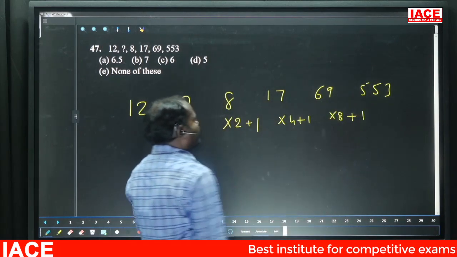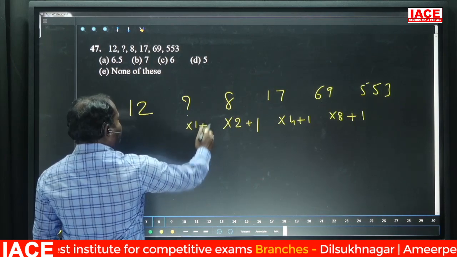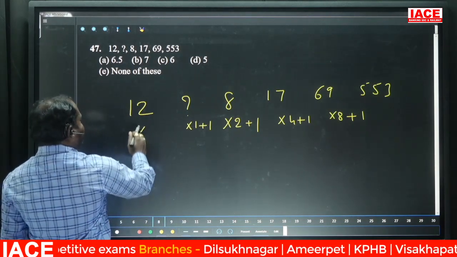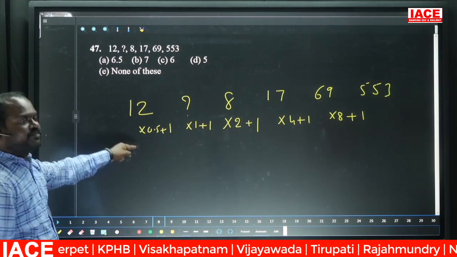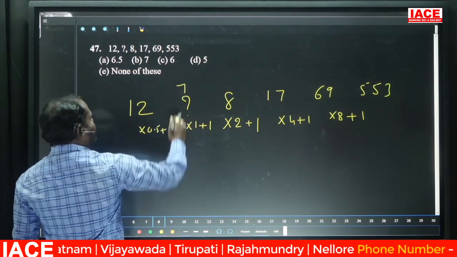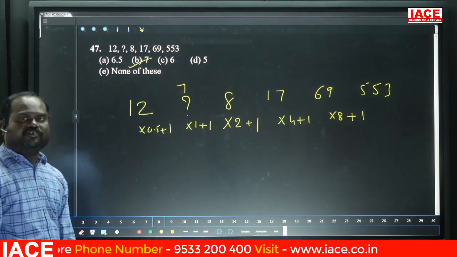So into 8 plus 1, 4 plus 1, 2 plus 1, that means it should be into 1 plus 1, here into 0.5 plus 1. So 12 into 0.5 is 6, plus 1 is 7. If it is 7, 7 into 1, 7 plus 1 is 8. Option B. Answer is 7.